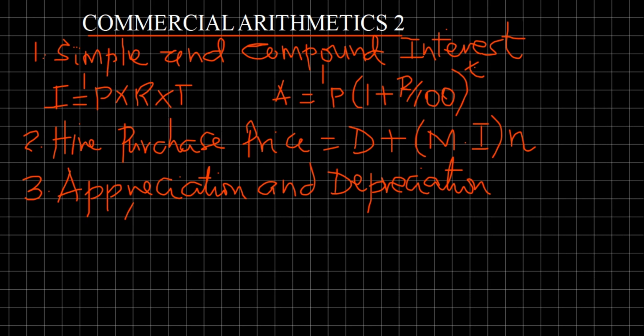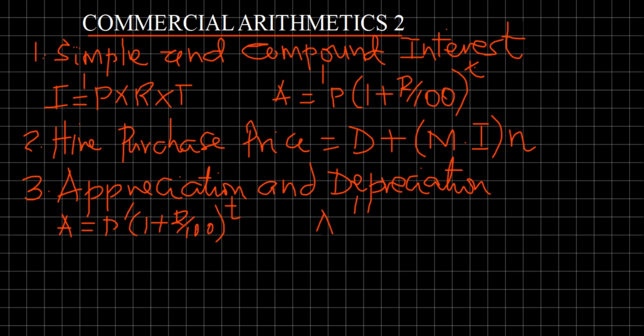Since the asset is increasing in value, we take this as similar to compound interest, whereby the formula for the amount at the end of the appreciation is going to be the initial amount, that is the principal, times brackets 1 plus r all over 100, and then all that raised to the power t.